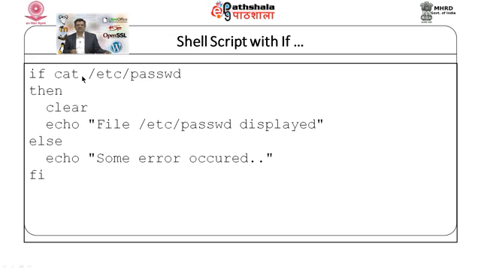If we have read permission, that is, if the condition is true over here, then we say the file can be displayed. If the file does not have read permission, naturally it will go to the else part and we can say some error occurred. This is a very basic example of using if. We will see how to use if in a more structured way.